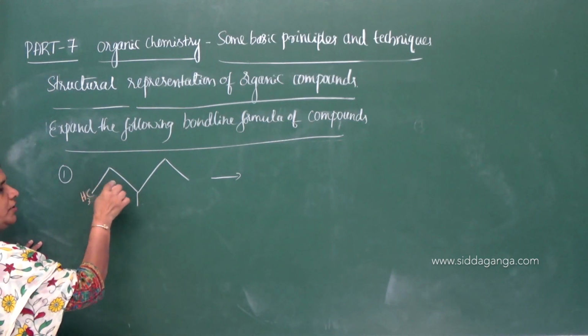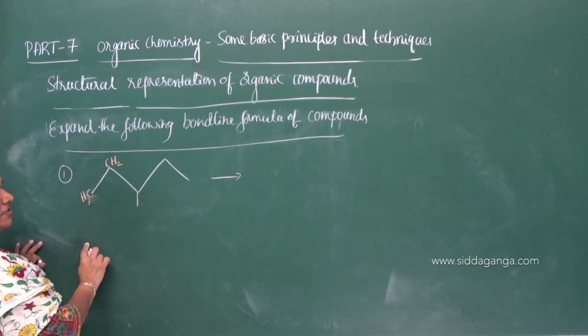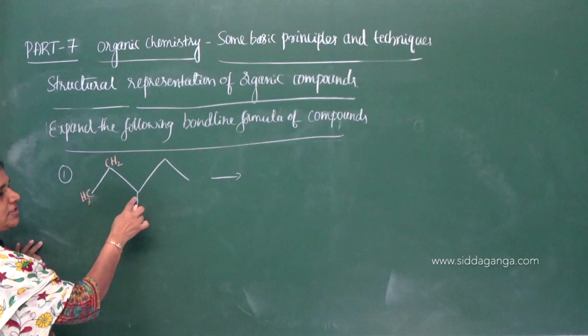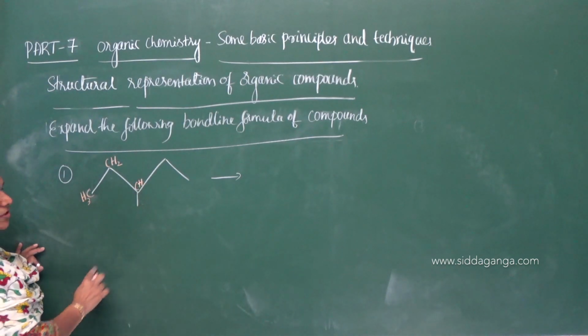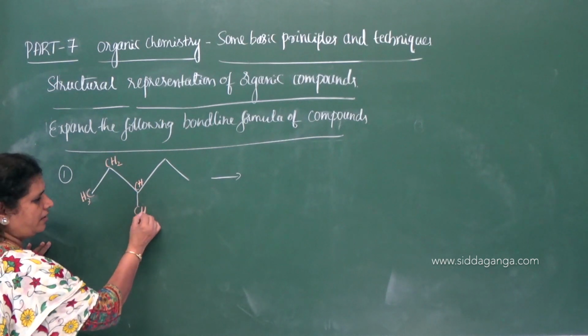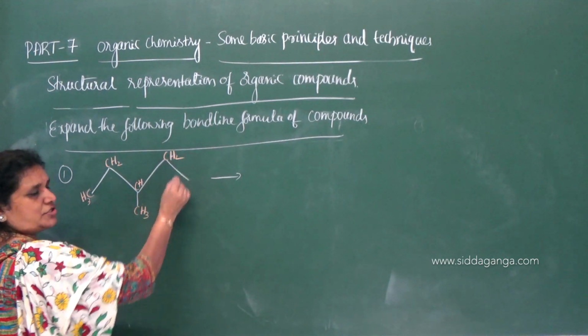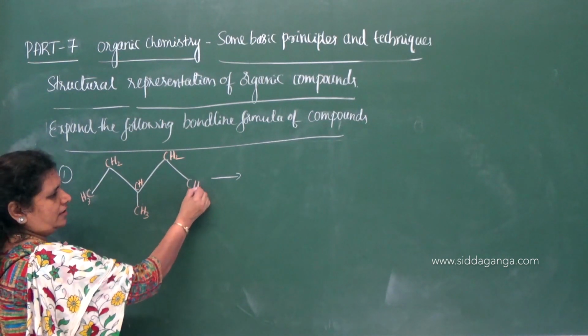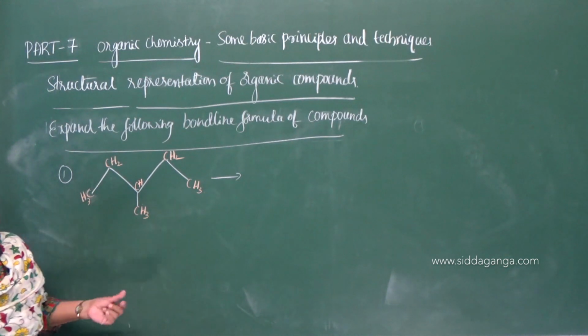Then 1 carbon atom and 2 hydrogen atoms here. Already 3 bonds are there, therefore this carbon is left with CH. What about this terminal? CH3. And here it is also CH2. What about the terminal end? This is CH3.